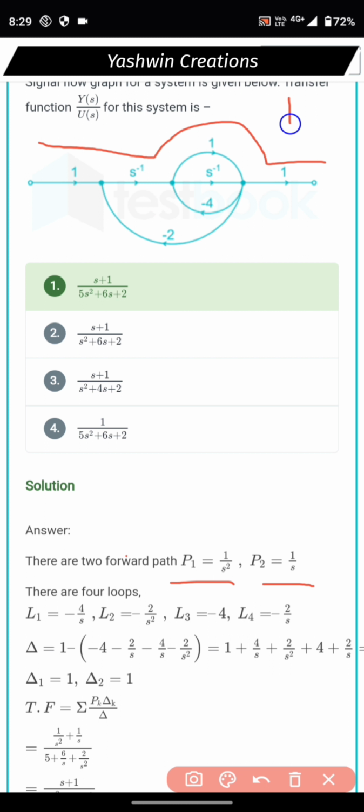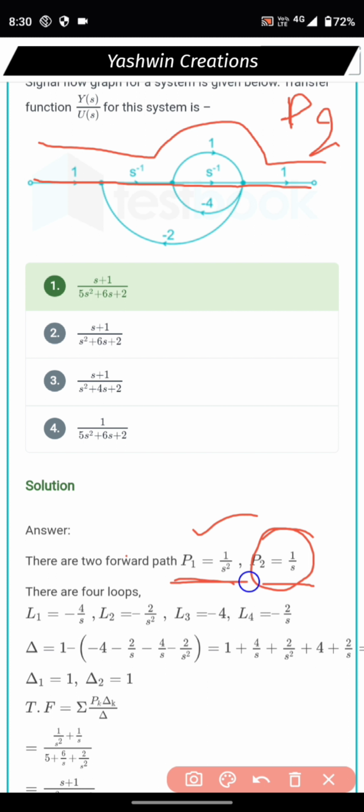This is P2. And P1 has gains 1, s to the power of minus 1, s to the power of minus 1, 1, so this becomes 1 divided by s squared. These are the two paths they have given in the signal flow graph.